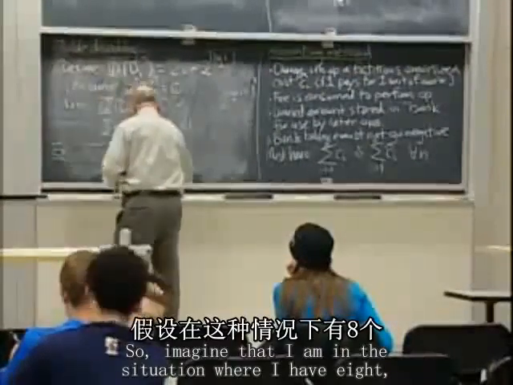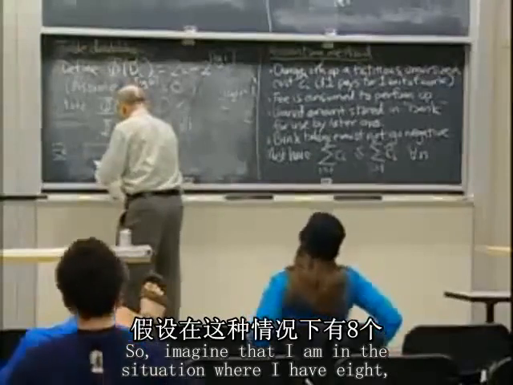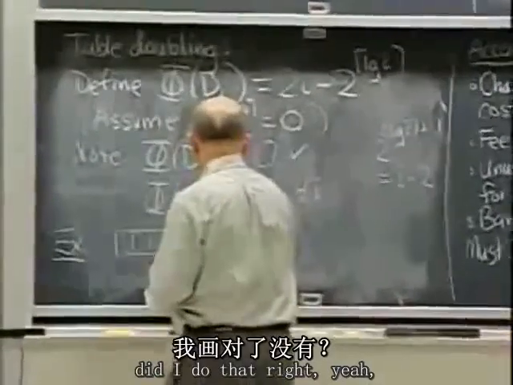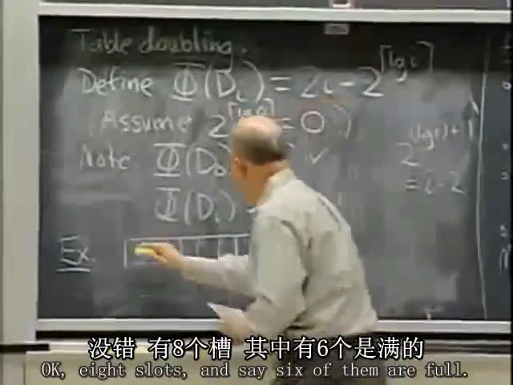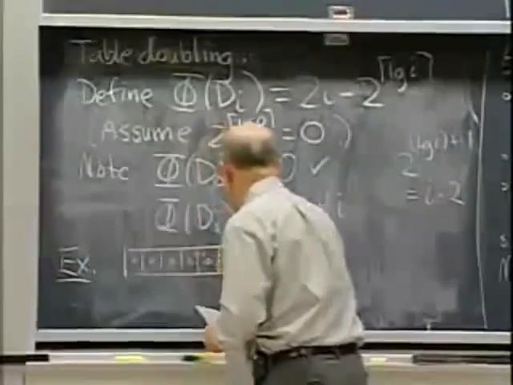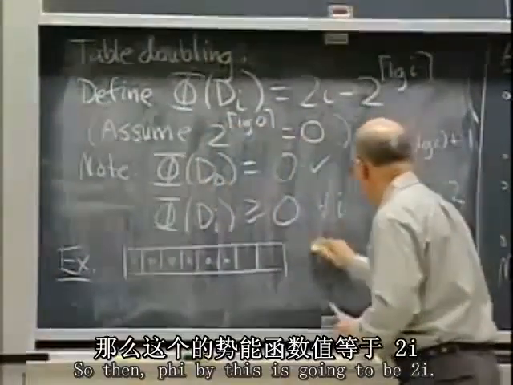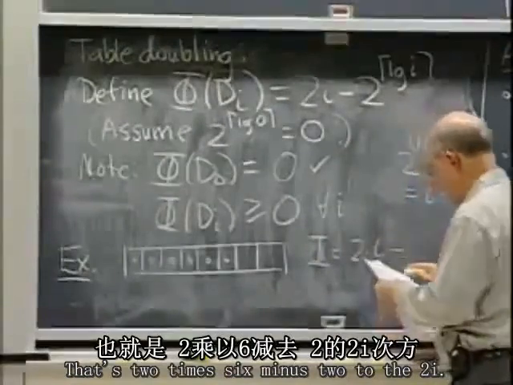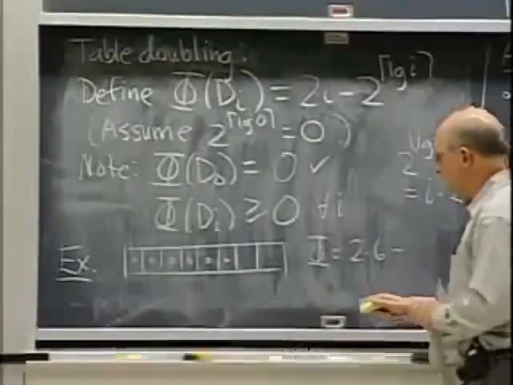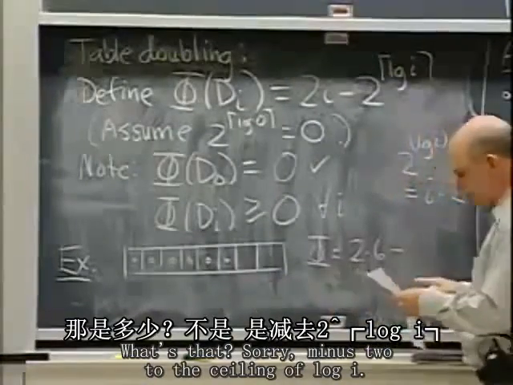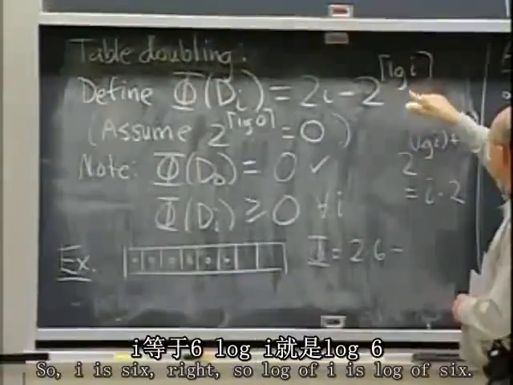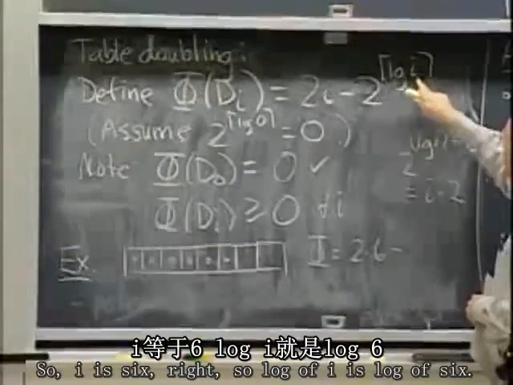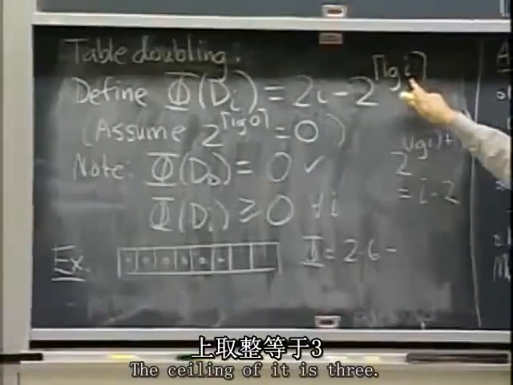So imagine that I'm in the situation where I have 8 slots, and say 6 of them are full. Okay? So then phi by this is going to be 2i, that's 2 times 6, minus 2 to the ceiling of log i. So i is 6, right? So log of 6, the ceiling of it is 3.